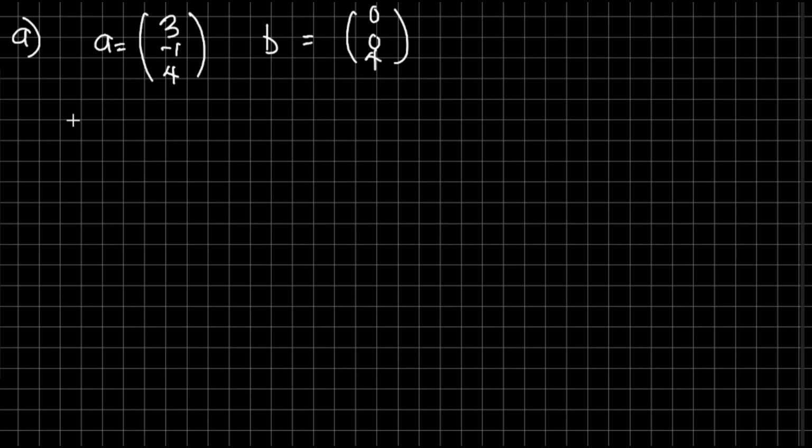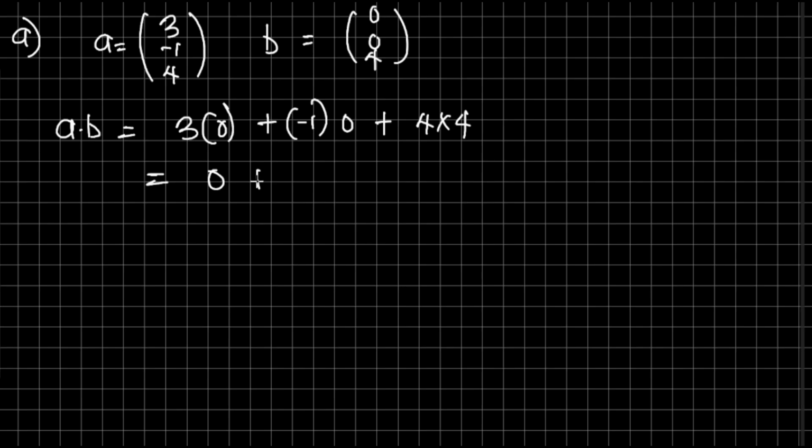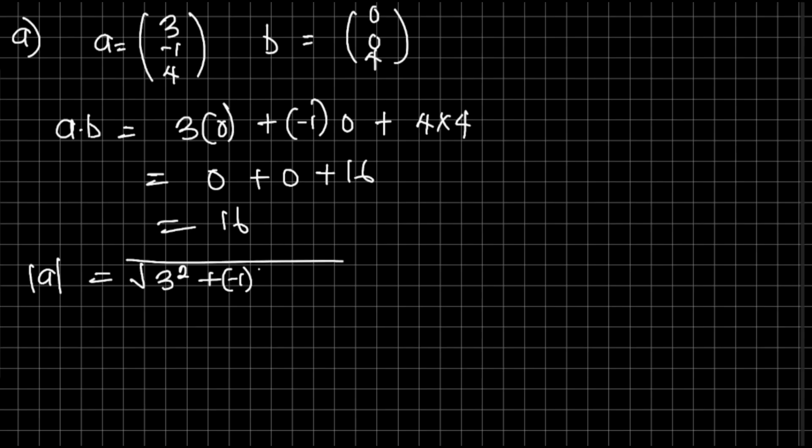Okay, so let's find A dot B. So A dot B will be 3 times 0 plus minus 1 times 0 plus 4 times 4. That will be 0 plus 0 plus 16, which is 16. So calculate the magnitude of A, which will be square root of 3 squared plus minus 1 squared plus 4 squared.